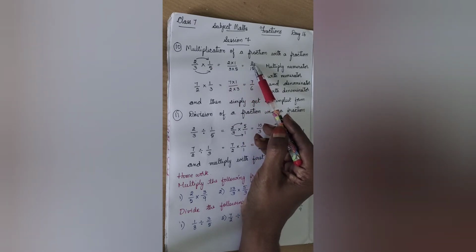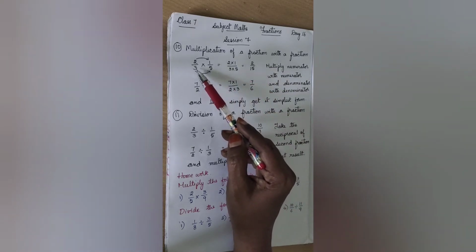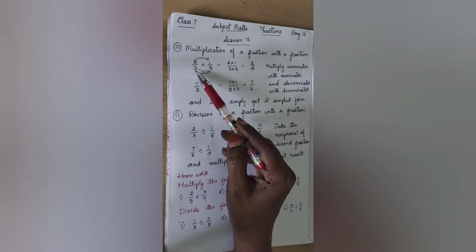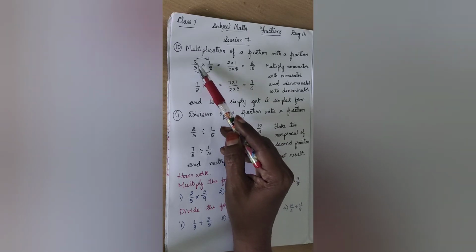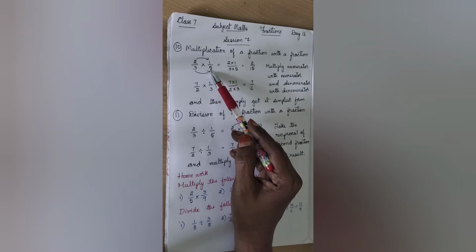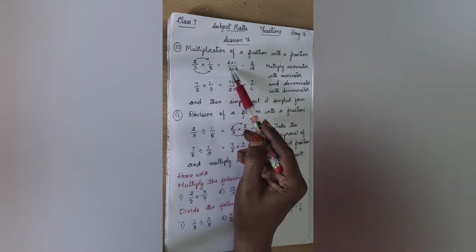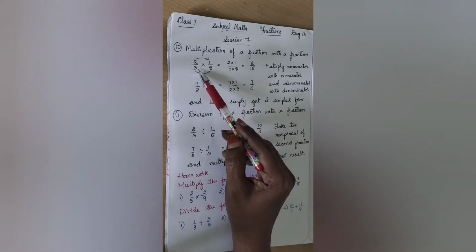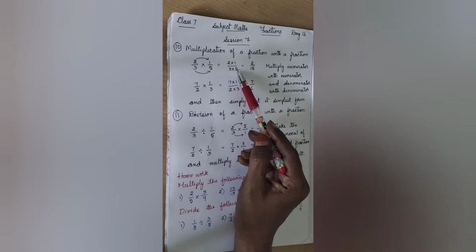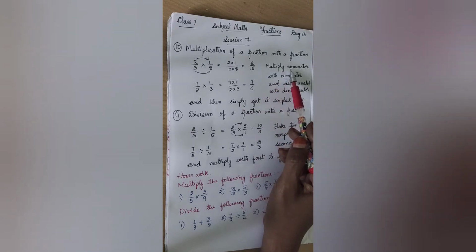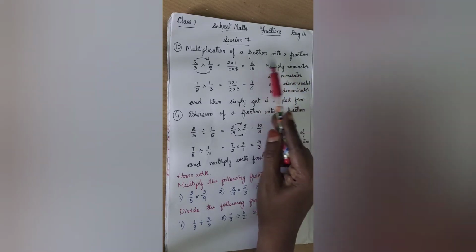Similarly, take the denominators of both fractions. Here 3 is the denominator of the first fraction and 5 is the denominator of the second. You multiply both the denominators and write it here. See, 3 5s are 15. That's it.